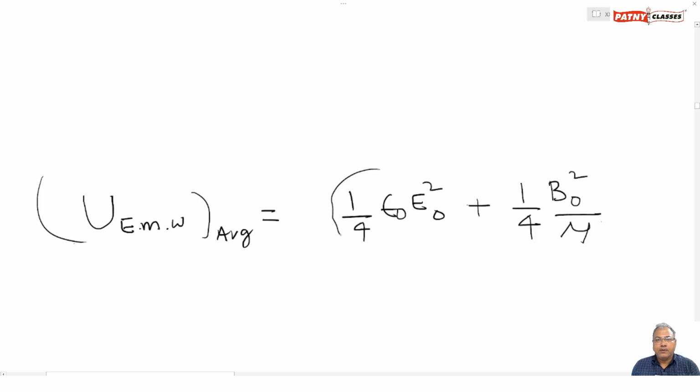Therefore, 1 upon 4 epsilon E naught square can be replaced by 1 upon 4 B naught square divided by mu naught.